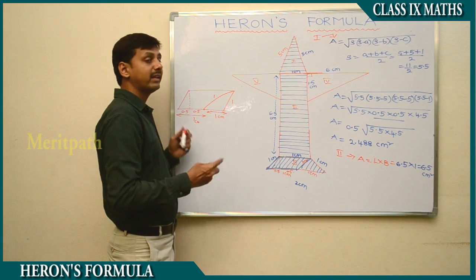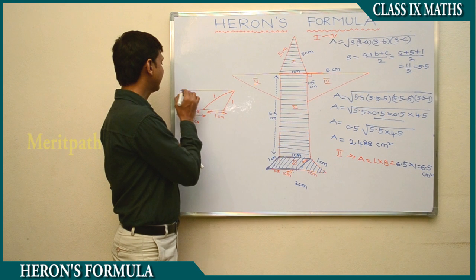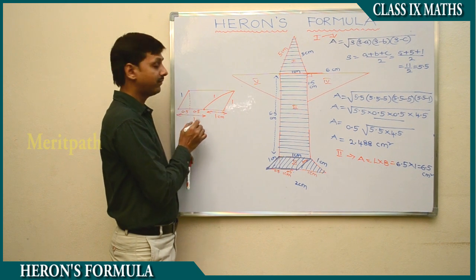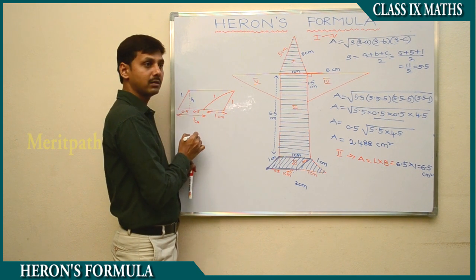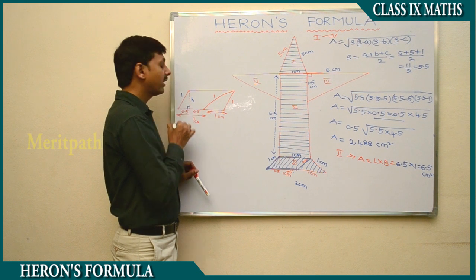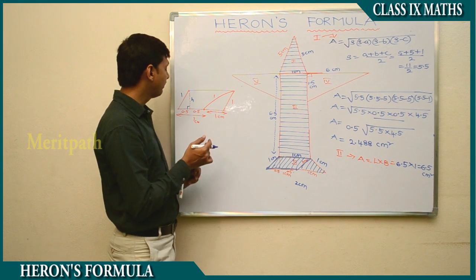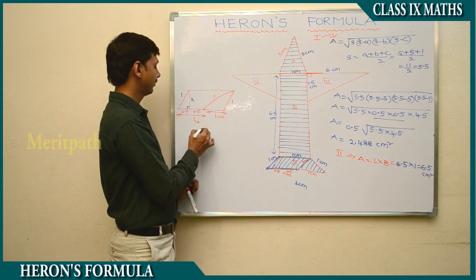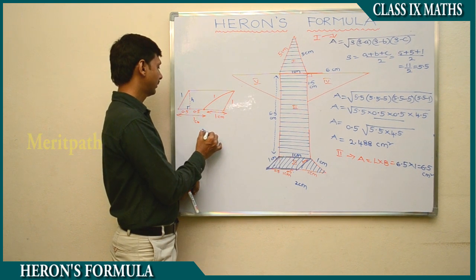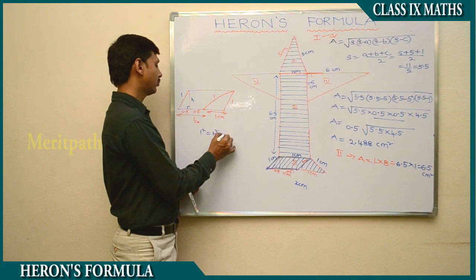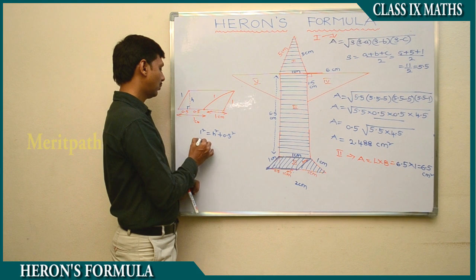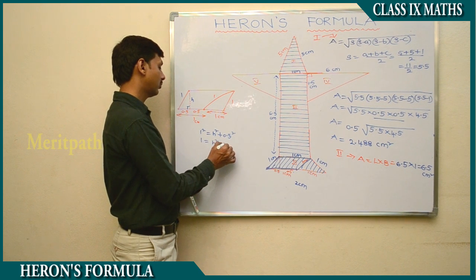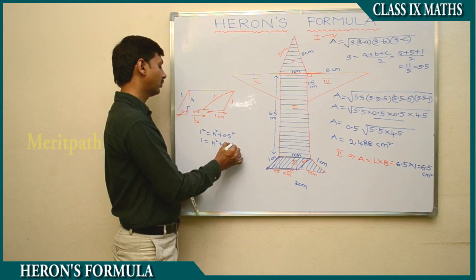To find the area of this parallelogram, we know this is 1 centimeter here, and this is 0.5. Let's find the height for this. We draw a perpendicular line. It forms a right angle triangle. So 1 square is equal to h square plus 0.5 square. So 1 square is 1, h square plus 0.5 whole square is 0.25.